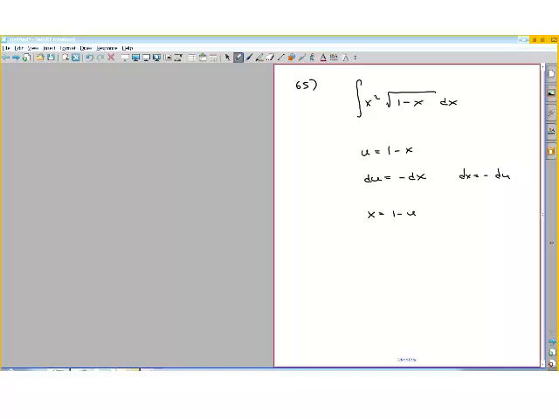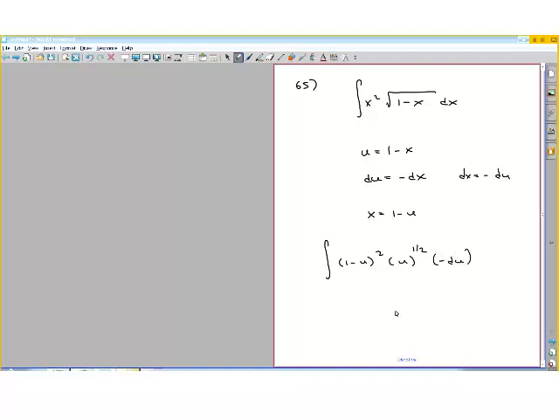So what this integral becomes is 1 minus u squared, since x is 1 minus u and we square it. Then we multiply it by the square root of 1 minus x, which is u to the 1/2 power. Then we multiply by dx, which is negative du.